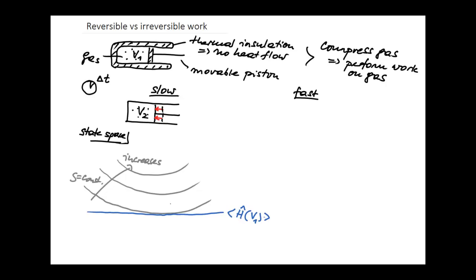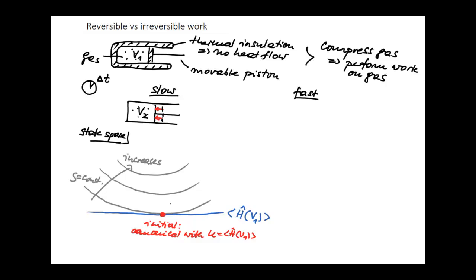Now initially the system is in equilibrium, so initially it is in that state which, given this internal energy, maximizes the entropy. And this is this unique state here. This is the initial state, and this is a canonical state with internal energy U equal to this expectation value of the Hamiltonian at volume V1. What happens now if we compress the gas slowly?